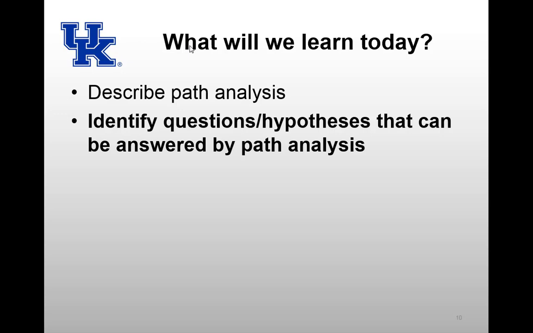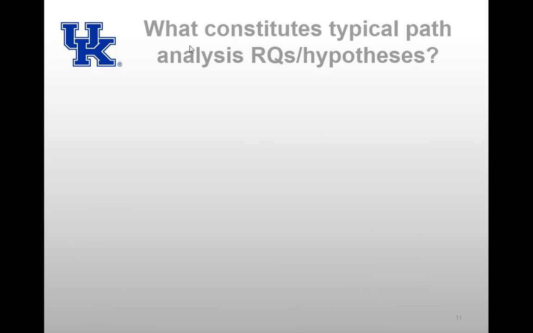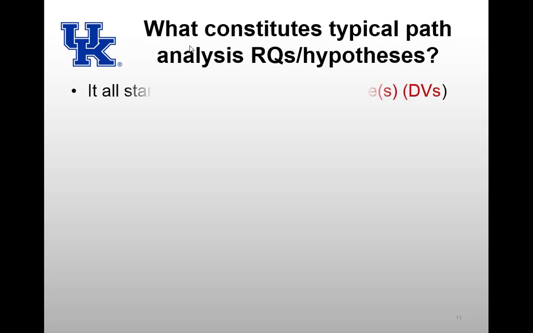And then we can identify some research questions or hypotheses that can be answered by path analysis. Now, what constitutes a typical path analysis RQ or hypothesis? It all starts with your DV, a variable of your primary interest.